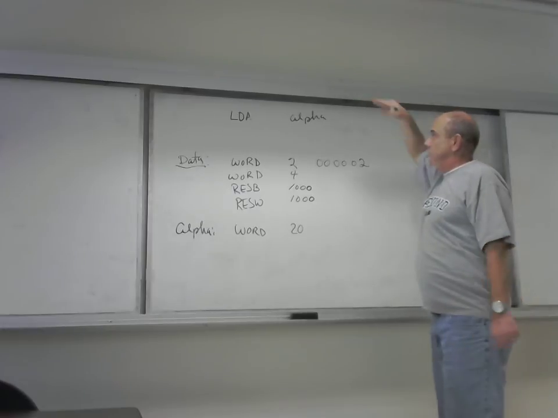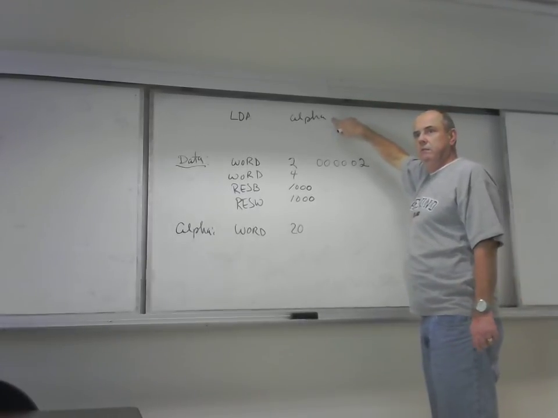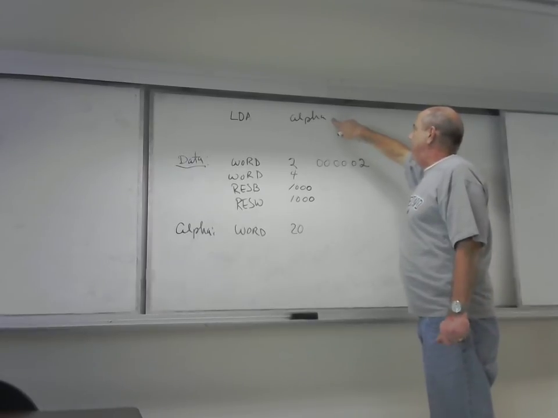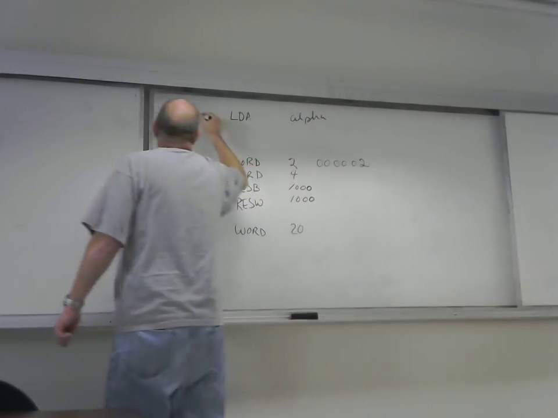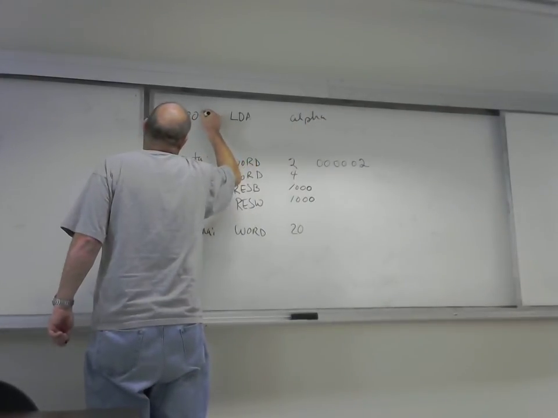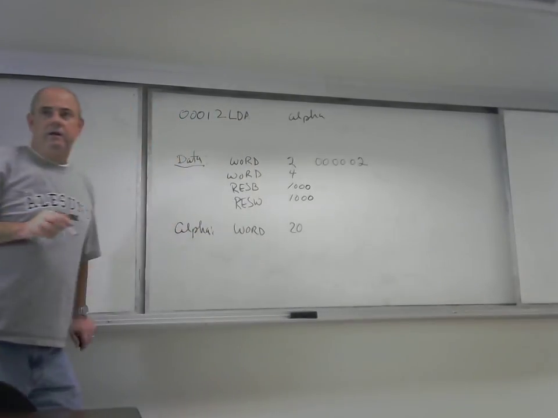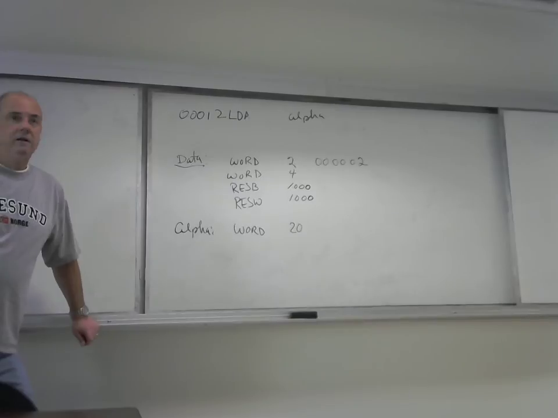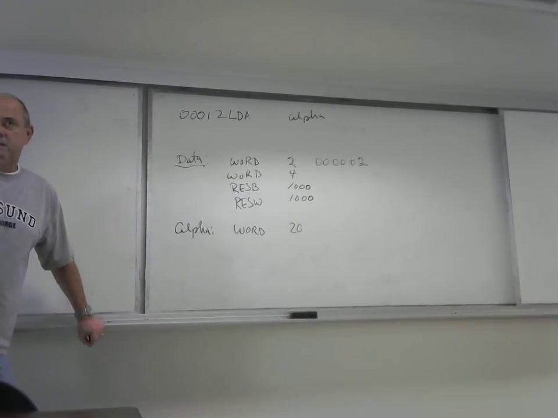You're coming along doing instructions and you have LDA and alpha. Without knowing whether or not format 3 or format 4 will work, how do you get the next address? Suppose this is address 2. What's the next one? Well, it's either 1.5 or 1.6.